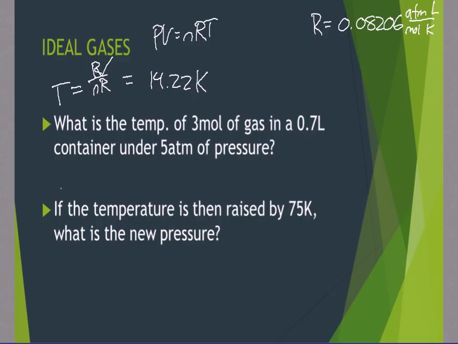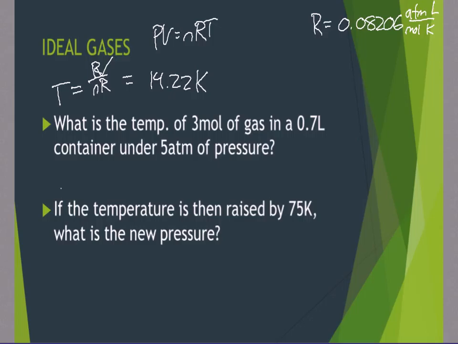Yeah, that's probably the easiest thing to do. We figured out in the first problem that the temperature is 14.22 Kelvin, and if we are just raising the temperature by 75 Kelvin, we can add these two numbers together, and then all the other numbers are going to be the same except for pressure, because that's what we're solving for now.